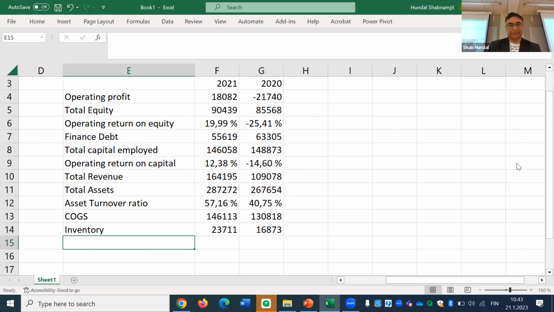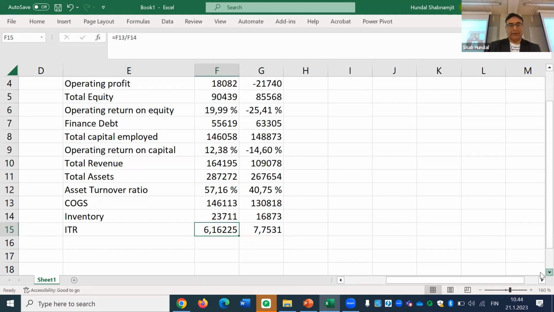And the formula is that we have the inventory turnover ratio. This was cost of goods sold divided by the inventory. So I think the inventory turnover ratio shows a little bit of inefficiency.